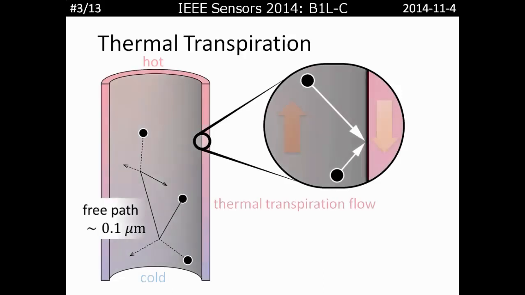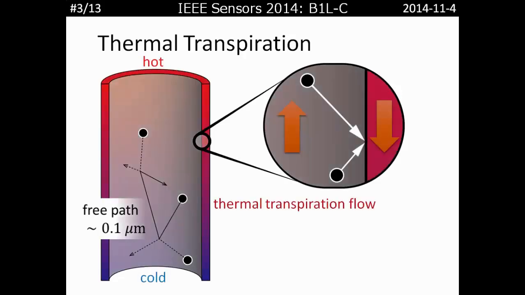So, if there is a temperature gradient in this scale, molecules from the hot part hit the wall and give a downward force to the wall, while some molecules from the cold part, which are relatively slower, may hit the same point but only weaken the downward force.